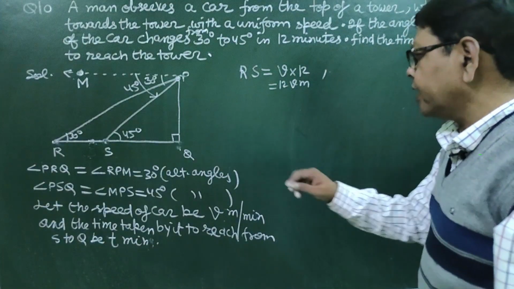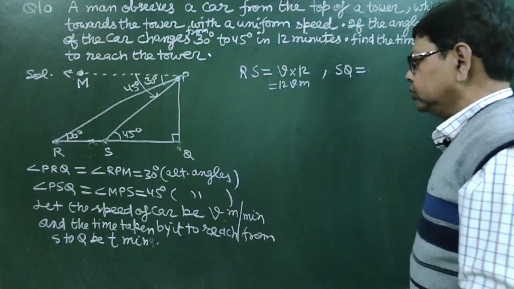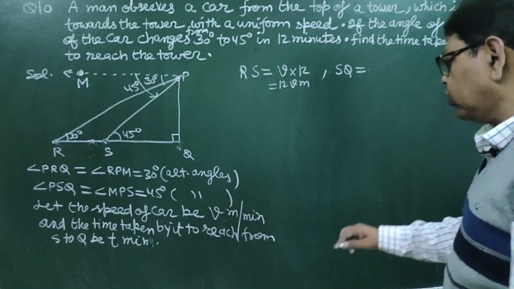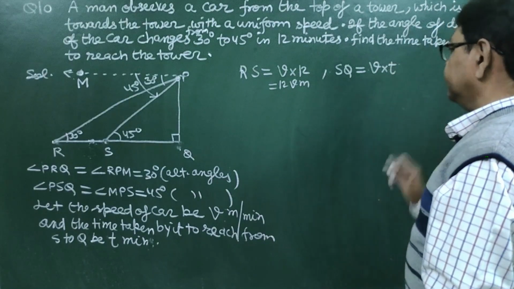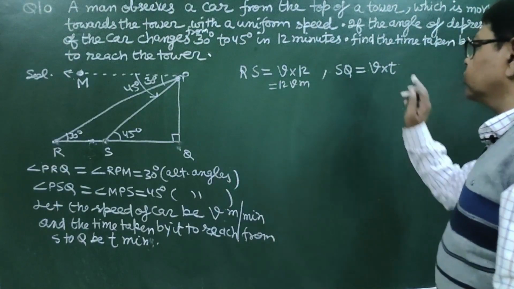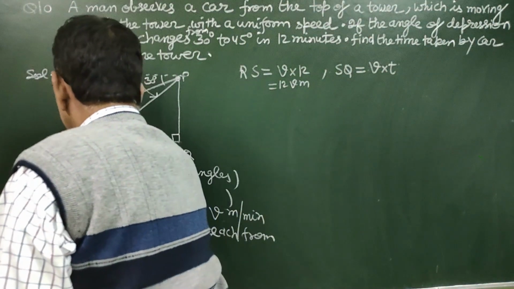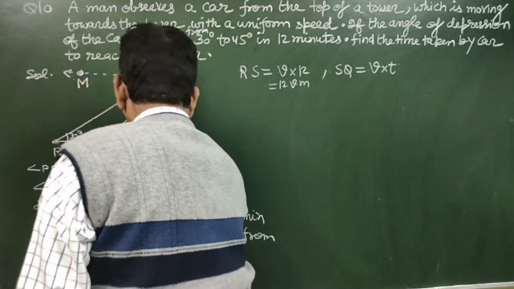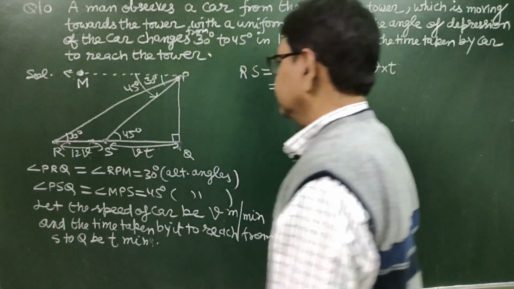The distance SQ is V, the speed, into the time T, so V into T. So RS is 12V and SQ is V into T.